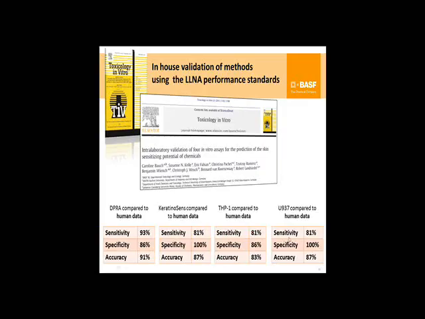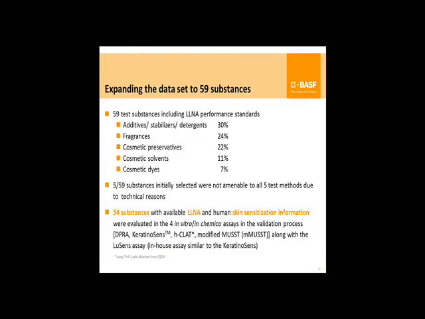All the other assays came out very nicely as well. You can see that the KeratinoSens had a specificity of 100%, as well as the modified MUSST assay. We found those results very promising, and this is also what pushed us to continue our validation data set to 59 substances.